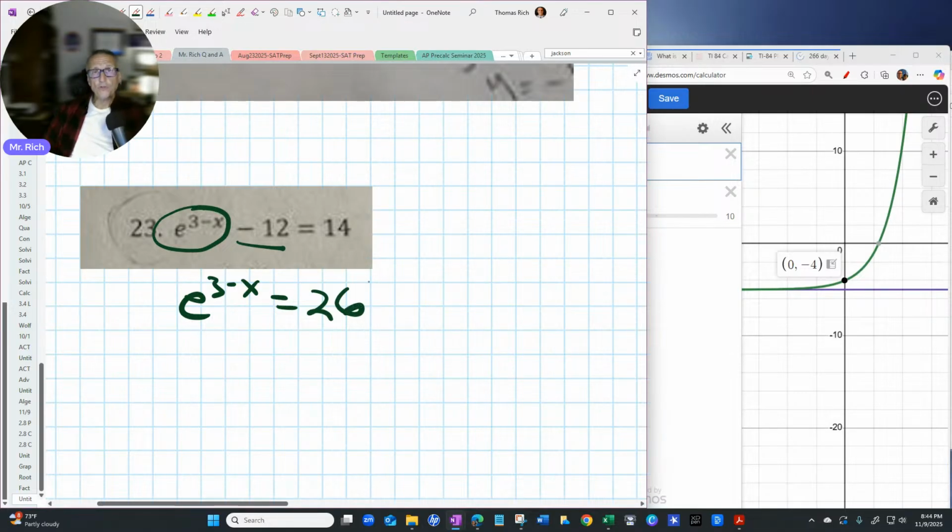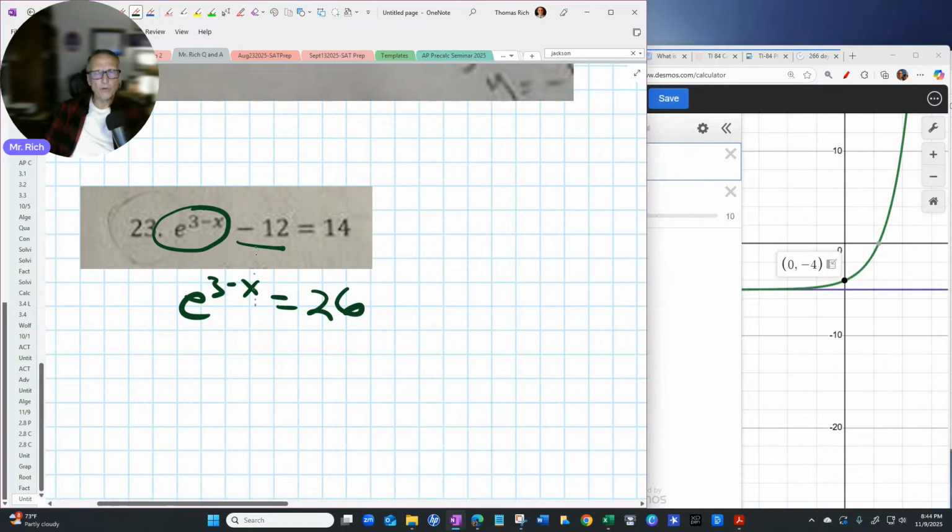Now, I will assume that your teacher expects you to give an exact answer, that we're not going to use a calculator to come up with the answer here. So the way that you get rid of this exponential e, the base of your exponential, because I do need to get rid of it, because how else am I going to isolate the x? What you have to do is use a logarithm.